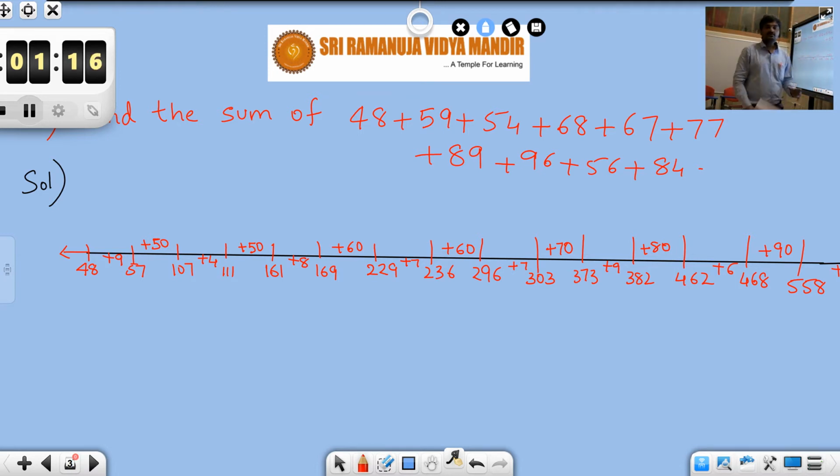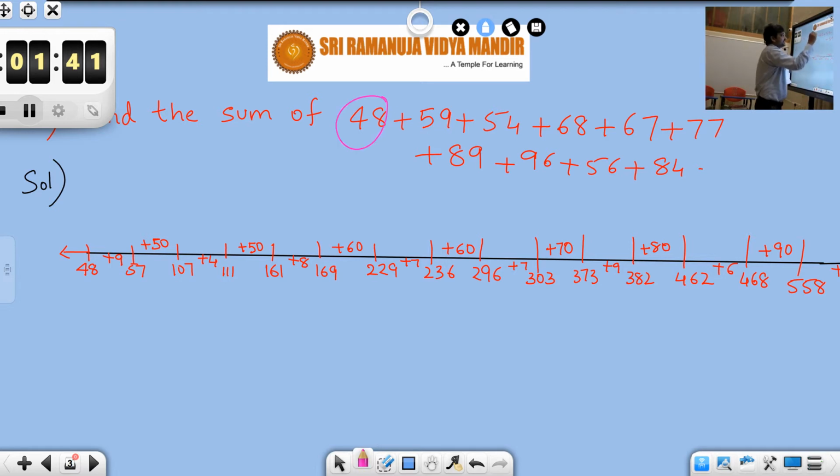Okay students, already in our first lecture I have discussed a method on how to calculate the addition of two-digit numbers faster and orally. So let's look at that process. See, first we'll start with our first two-digit number, that is 48.